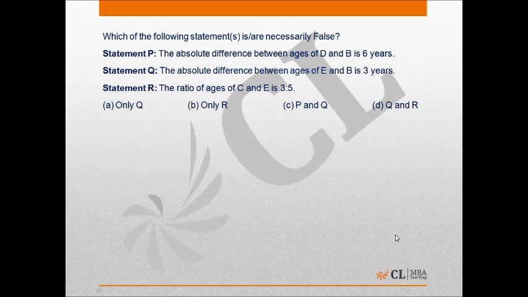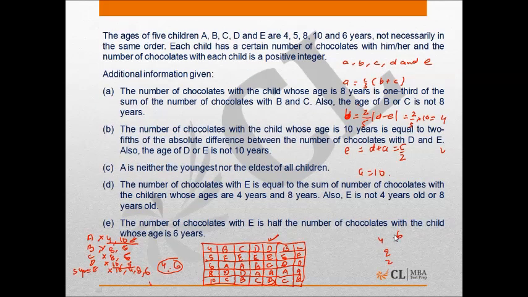Now let's move to statement Q. The absolute difference between ages of E and B is 3 years. So check it for E and B. In the first case, the absolute difference between ages of B and E is 1. In the second case, it is 5. In the third case, it is again 1.